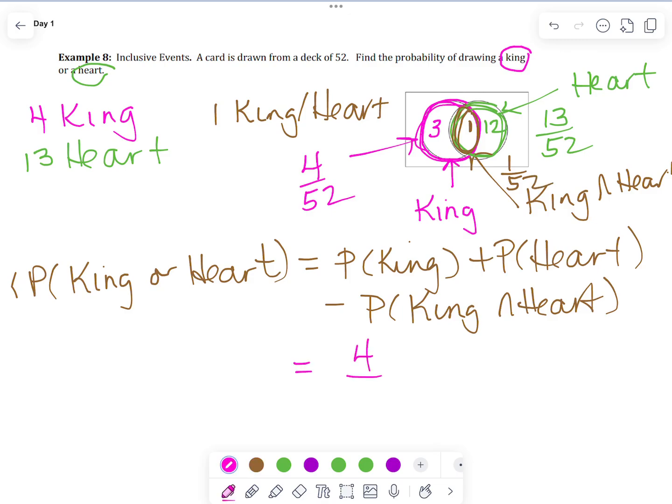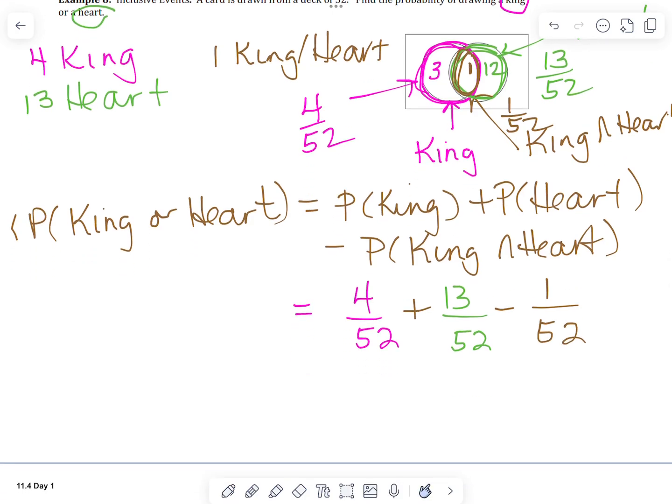So 4 kings out of 52 plus 13 hearts out of 52 minus the overlap of the king of hearts. And then we add those fractions together. So 4 plus 13 minus 1 is 16 out of 52, which reduces down to 4/13.